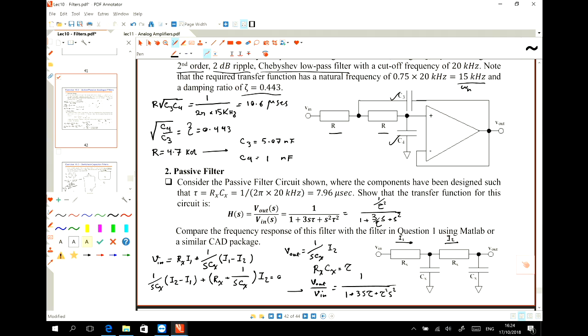And it is in the shape of omega n squared over s squared plus 2 zeta omega n s plus omega n squared. Okay?